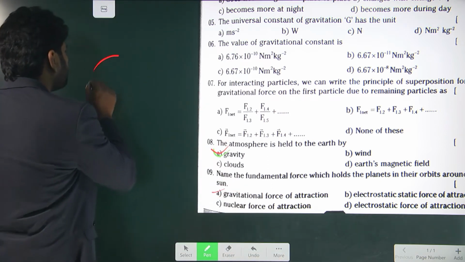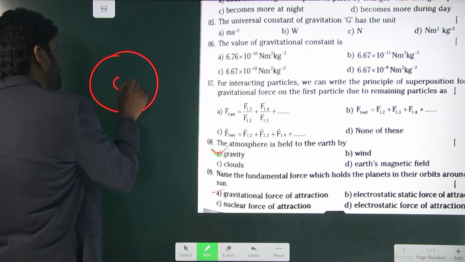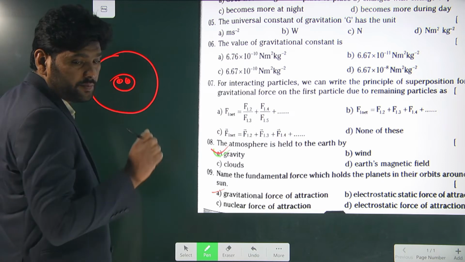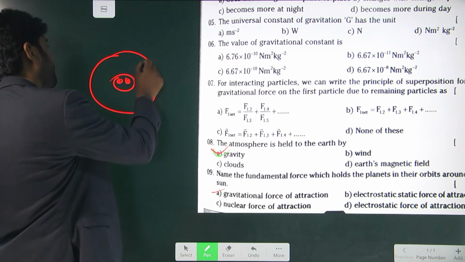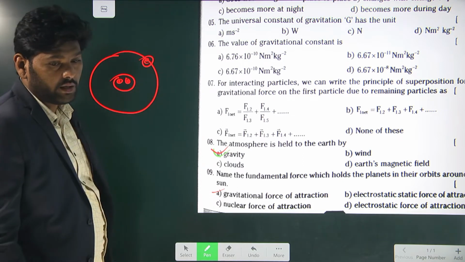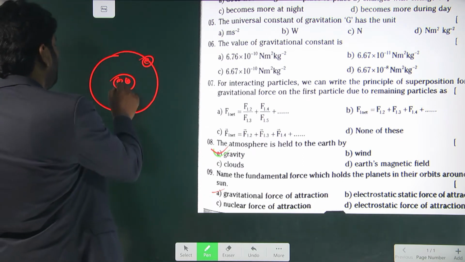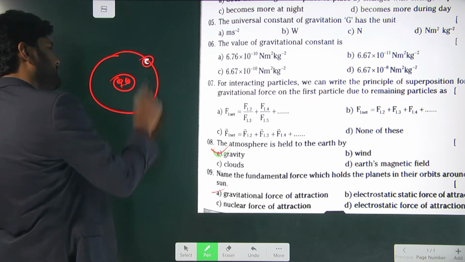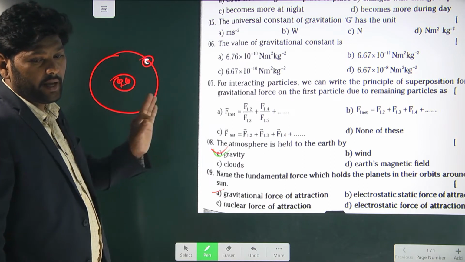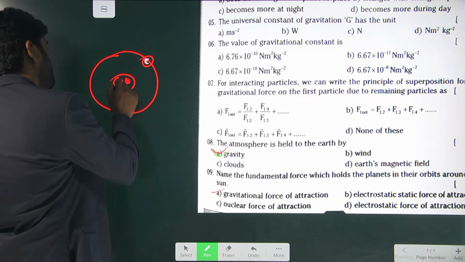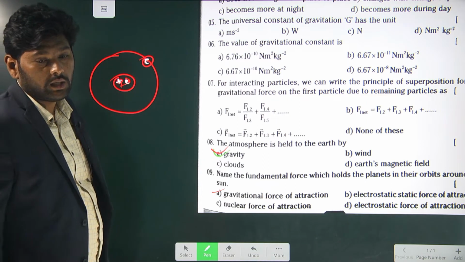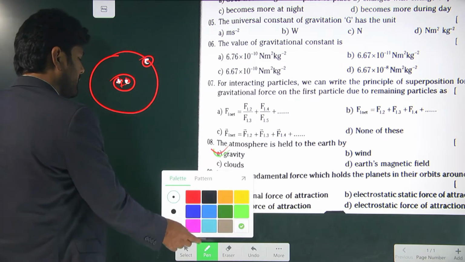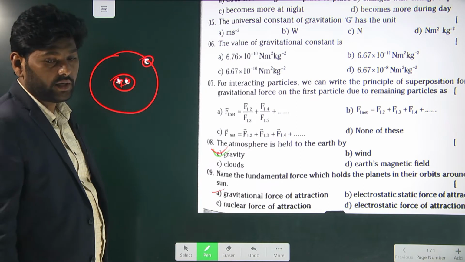If you see this atom, this is the nucleus; inside the nucleus are protons and neutrons, and outside the nucleus are electrons. Between the nucleus and the electrons, electrostatic force acts. Between protons and neutrons, nuclear forces act. Between masses, gravitational force acts. That way we can define.